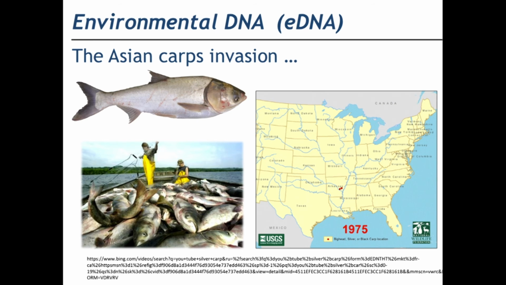And right now the big fear, especially for the bighead carp and also the silver carp, is that these species can eventually cross from the Mississippi drainage into the Great Lakes system, because there's only the Chicago Canal.